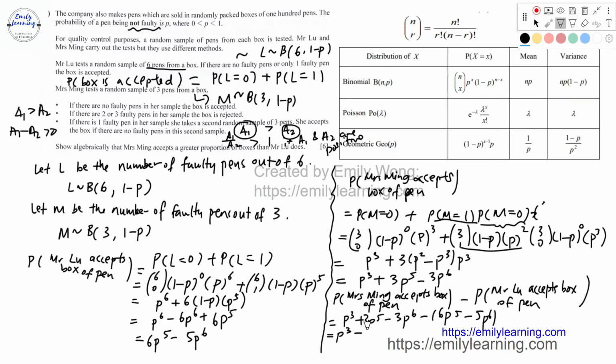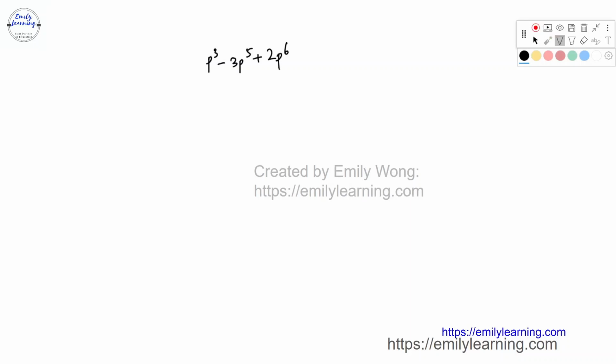So minus, I'll end up having minus 3P^5 plus 2P^6. Now that I'm done with this, I have P cubed minus 3P to the power 5 plus 2P to the power 6. I need to show that this is greater than 0.